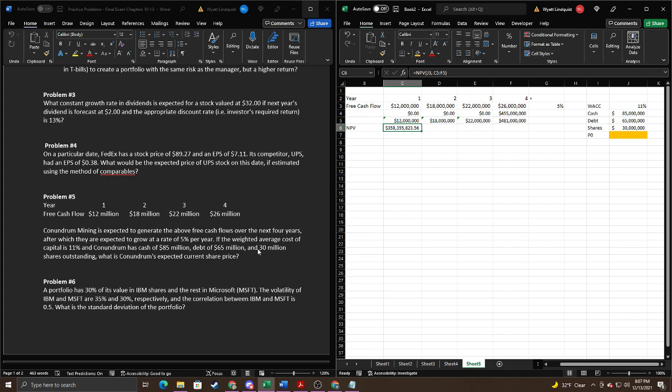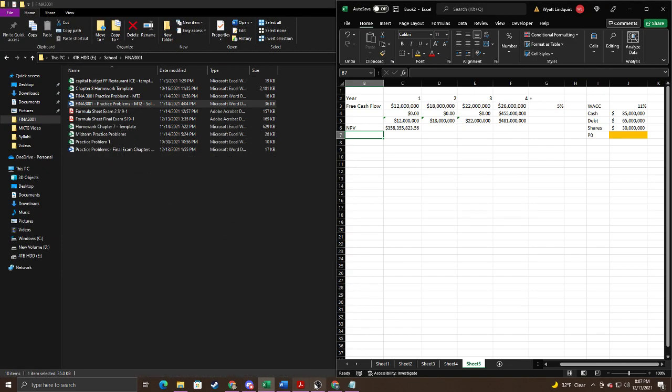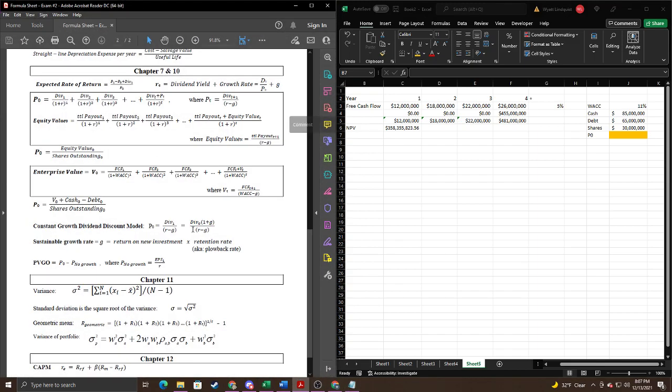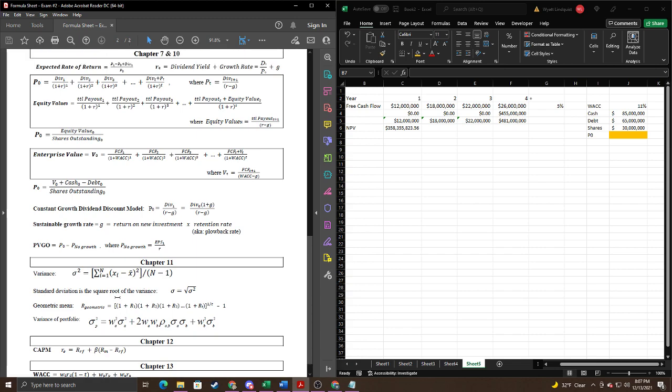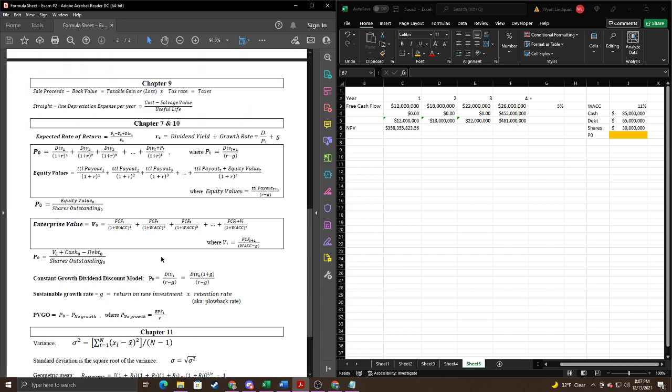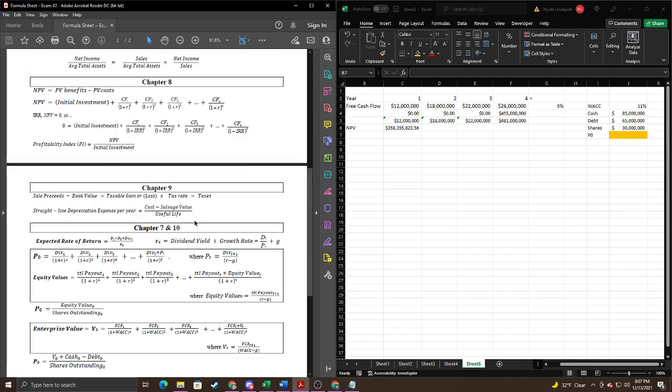Remember, we have to figure out their expected current share price. So in order to do that, we need to find our equity, or the value of the business.